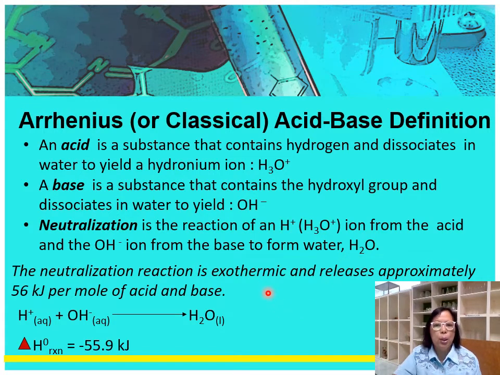The neutralization is exothermic and releases approximately 56 kilojoule per mole of acid and base. So to be exact, that is actually a release of 55.9 kilojoule. And the meeting of the hydronium and the hydroxide ions forming water.